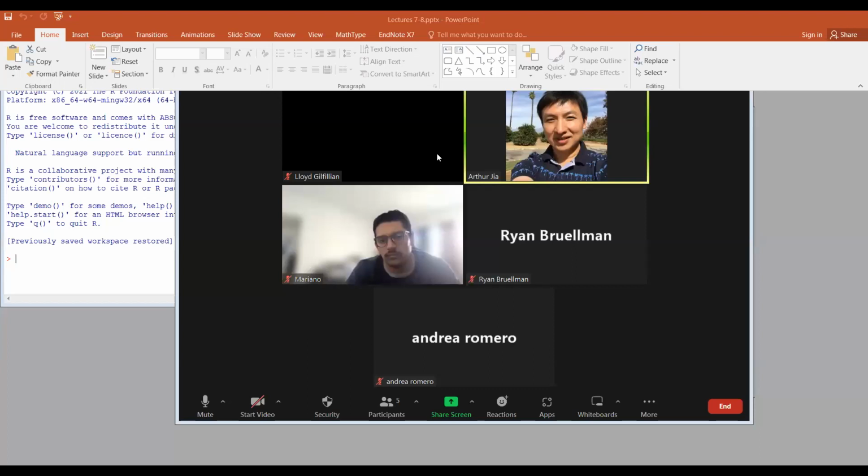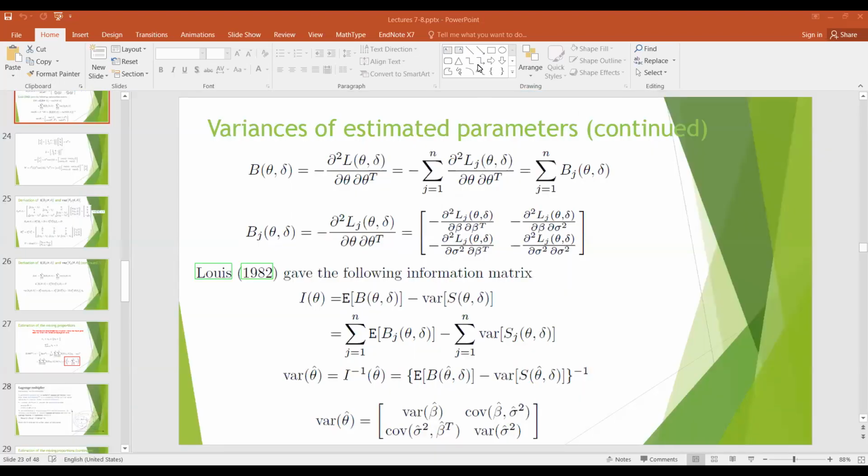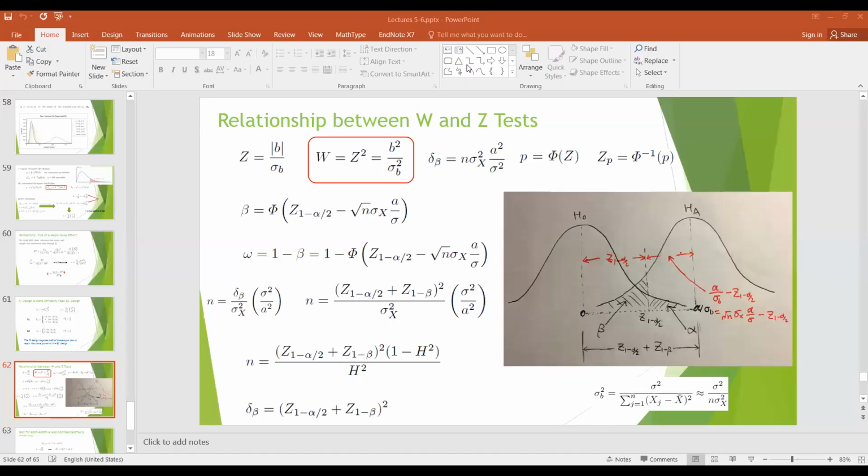Let me stop sharing this one and show you this. Oh, not this one, sorry. This one. Okay, so can you see this? So the non-centrality parameter is equal to this.